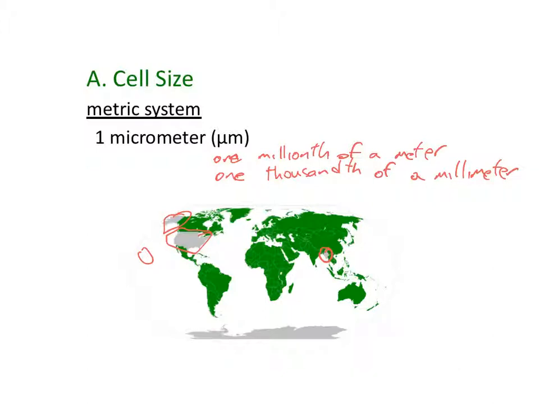And just as a reference, if you look at a metric ruler, this would be your centimeter mark approximately, and then you've got the little hash marks in between. Those are millimeters. And so if you take a 1,000th of that, that is what we're going to be looking at when we talk about cell size.